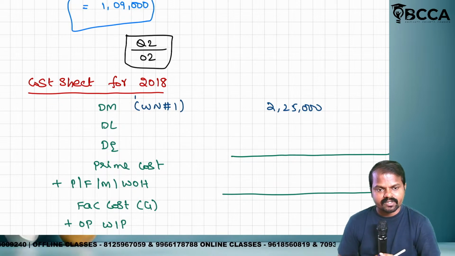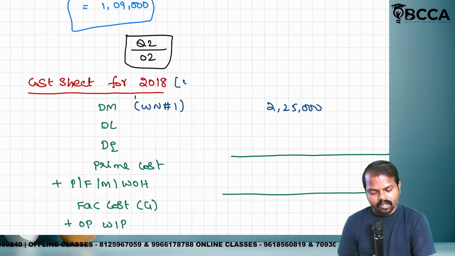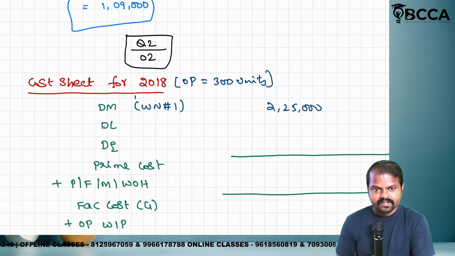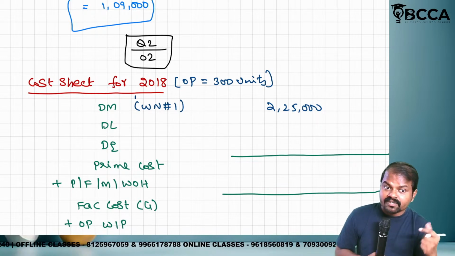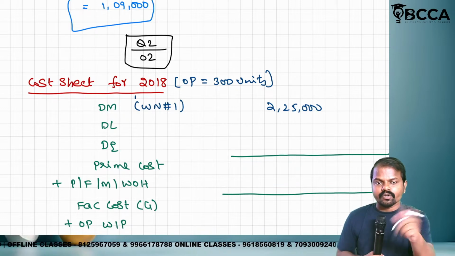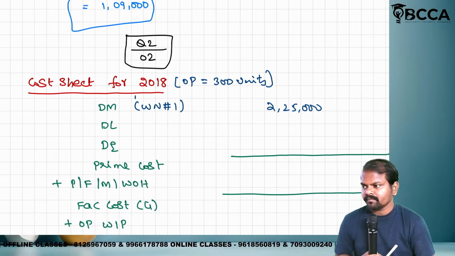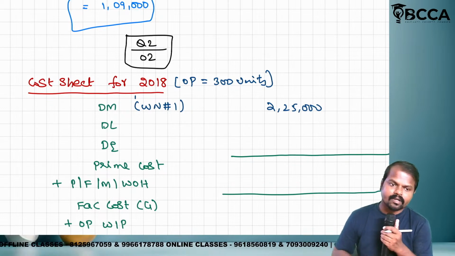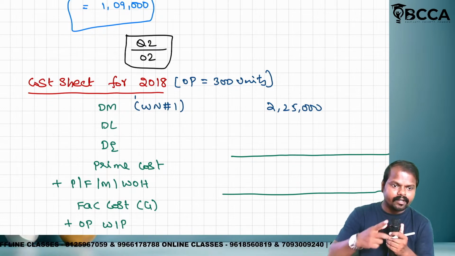Obviously cost will change. For suppose 2017 is 200 units and 2018 also 200 units, then your procedure is correct: 1,20,000 plus 25% extra. Clear? Difference you got? Excellent.